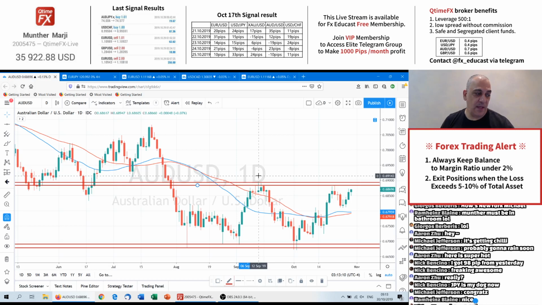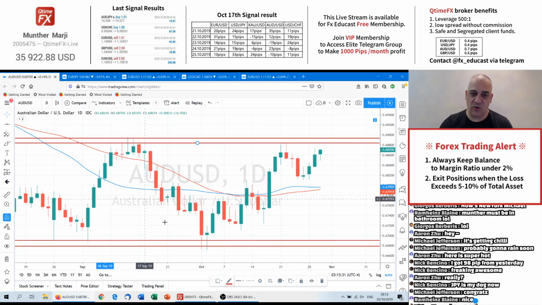So to me, I will be watching this today, and if I see the price breaking above this resistance, then I will be encouraged, of course, to buy the Aussie dollar. So the resistance is obviously 68.95 for today.